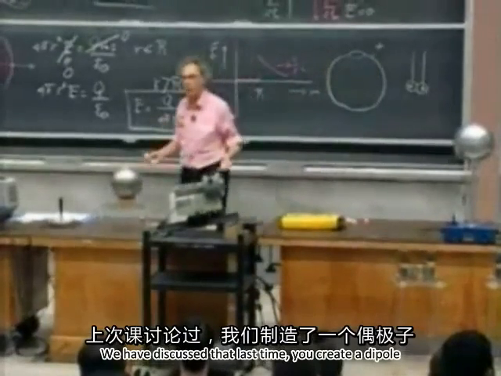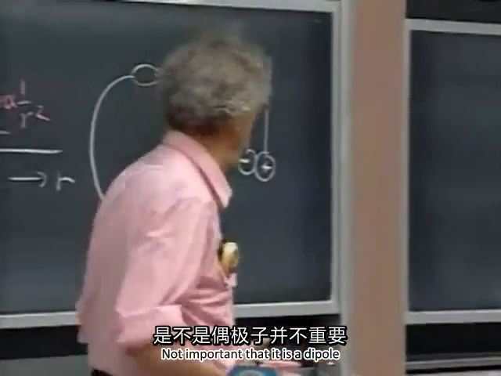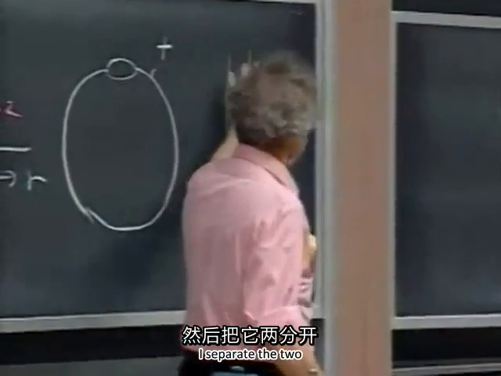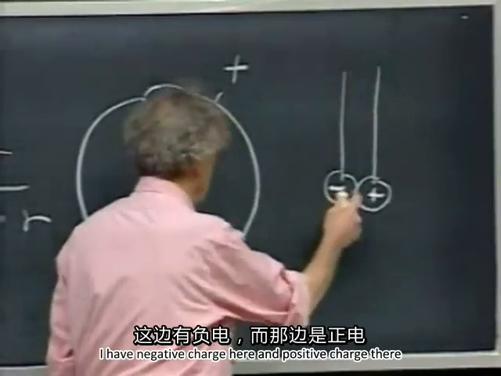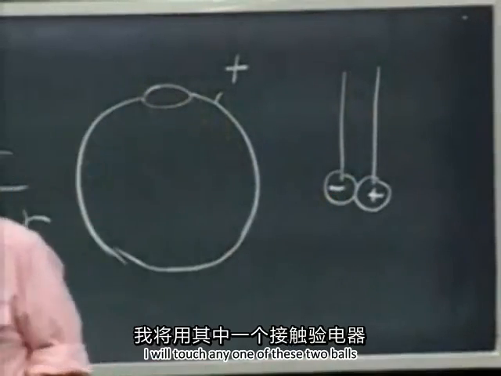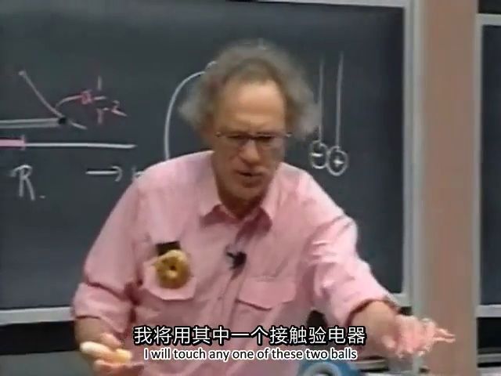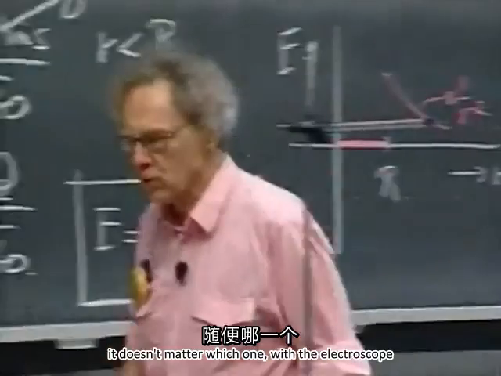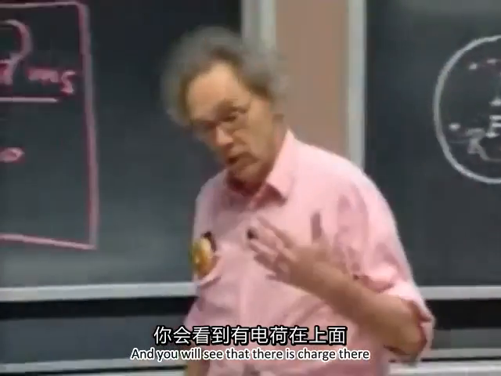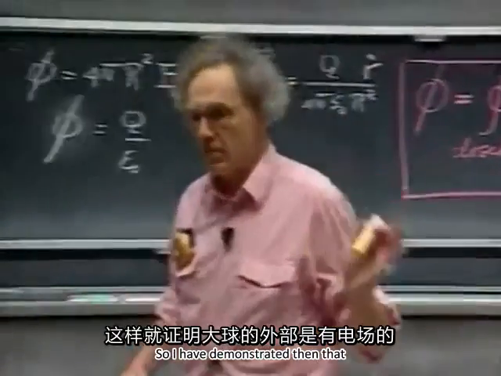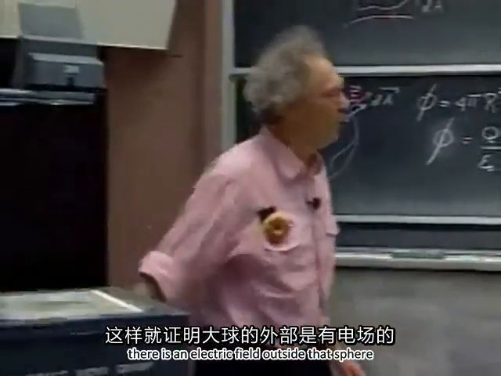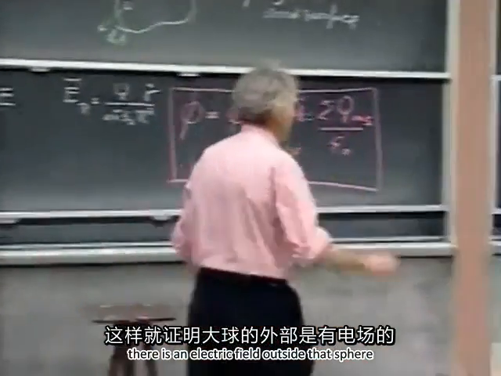You create a dipole. It's not important that it is a dipole. I separate the two. I have negative charge here and positive charge there. I will touch any one of these 2 balls, it doesn't matter which one, with the electroscope, and you will see that there is charge there. So I have demonstrated then that there is an electric field outside that sphere.